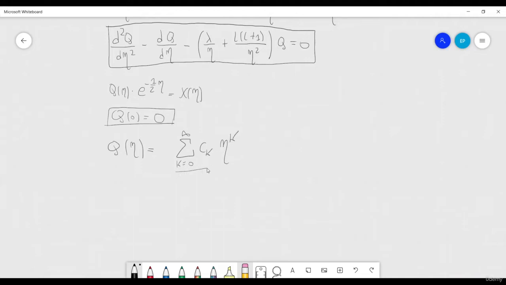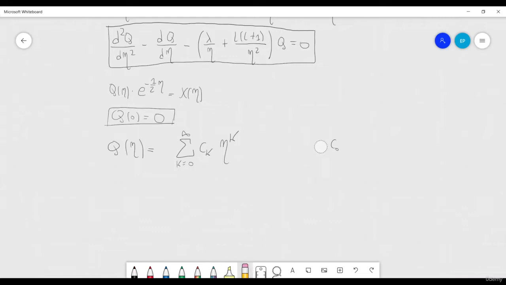But this is still not good enough, because we also have to make sure that q of 0 is equal to 0. And if we use an expression like this, we have q of 0 is equal to c0, which in principle might not be equal to 0.